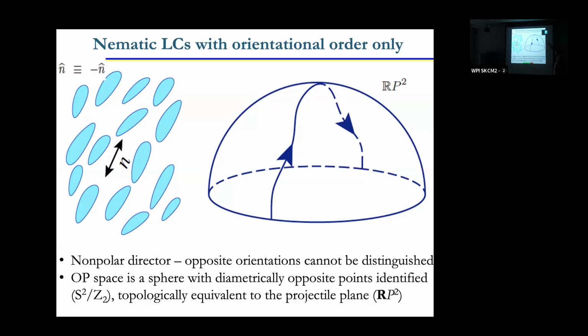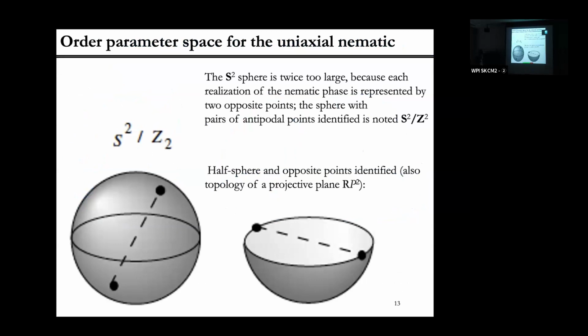It's actually equivalent to the projective plane RP2. So we will see that the difference between a non-polar director field and a polar unit vector field is very consequential, in particular in relation to topological objects of the first fundamental group, such as disclinations or line defects in these systems.